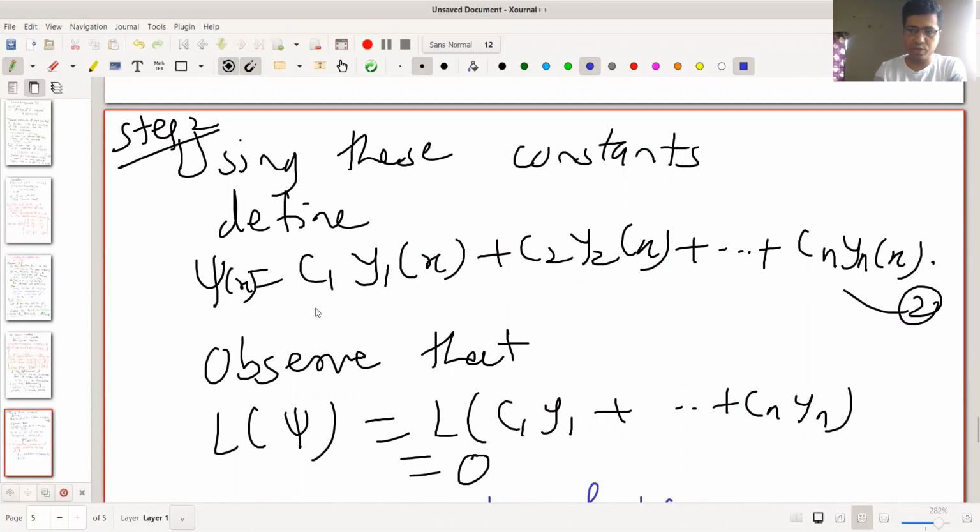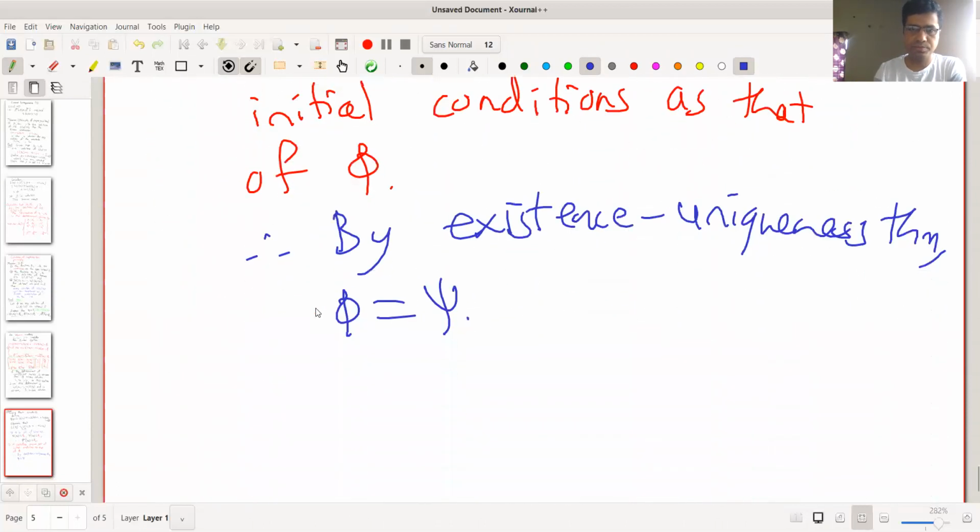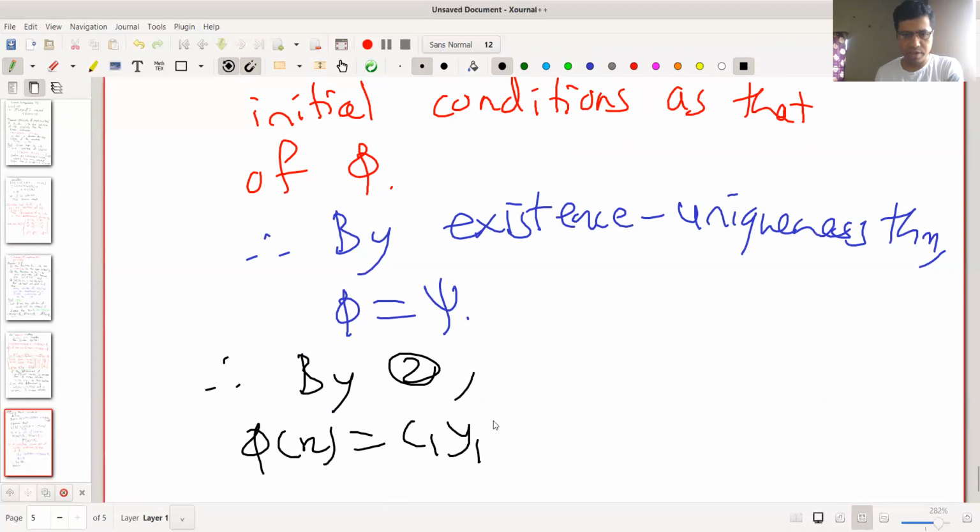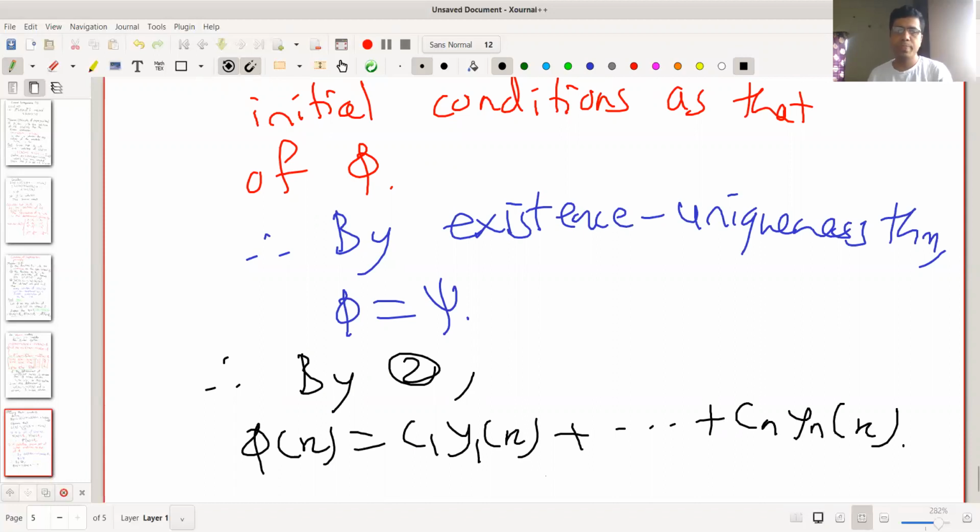Therefore, by 2, phi of x is c1 y1 of x plus c2 y2 of x plus and so on plus cn yn of x. What does this mean?